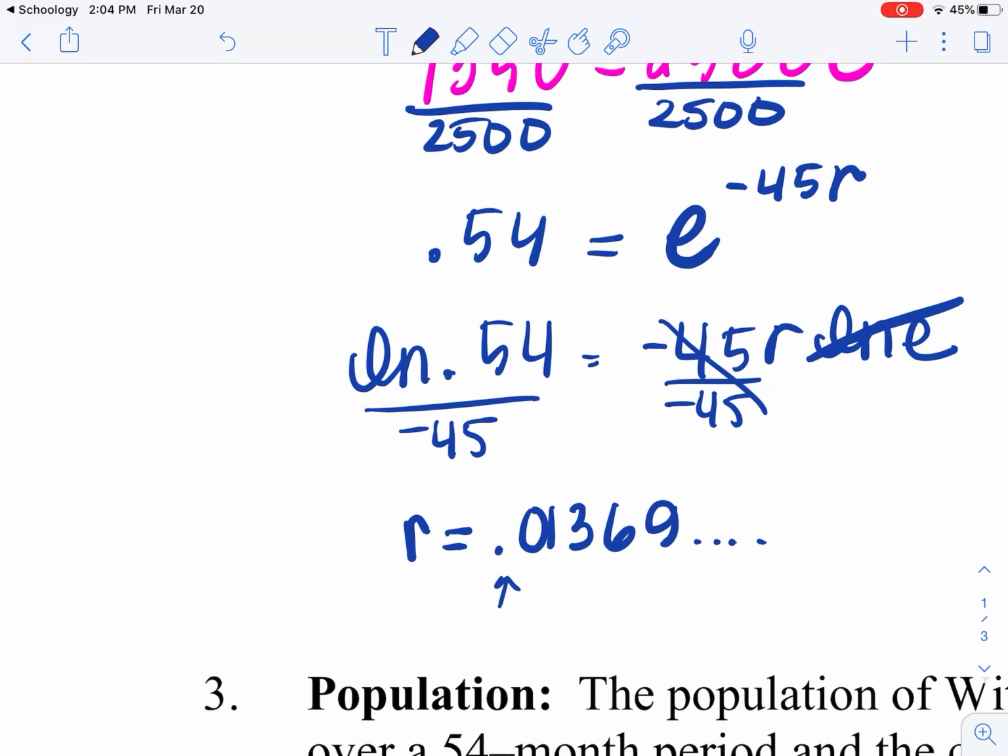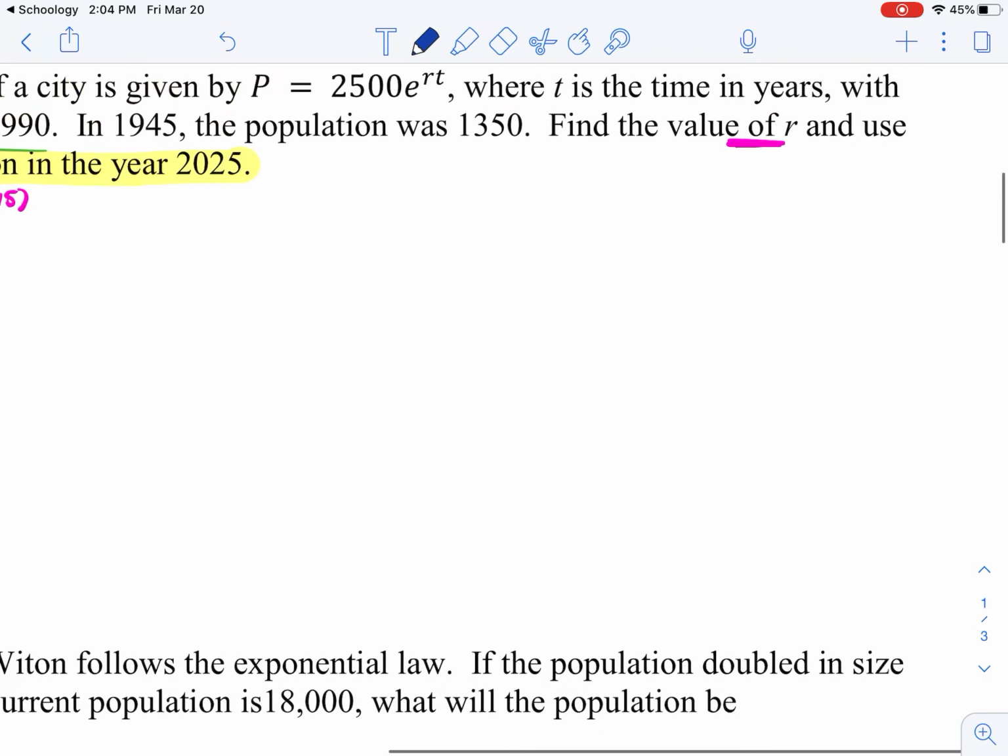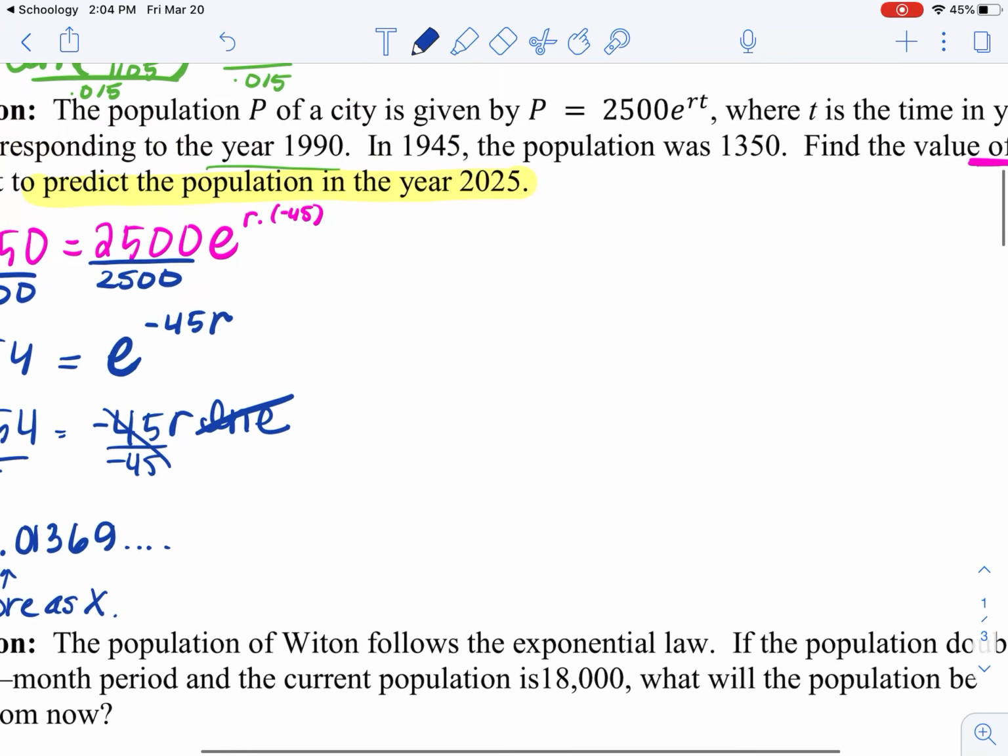We haven't found the population in 2025 yet, so we're going to have to use this. Therefore, we want to store this as X in our calculator. So remember, look for the button that says store on it. Click that, and then you can click X, the variable. Then when we need to use it, you can just hit X.